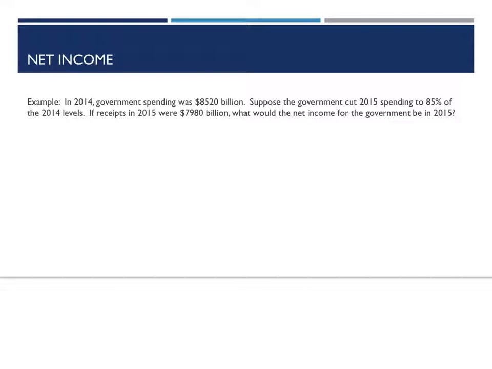The problems that we actually look at, though, are exactly like we did with Busy Bee and Dancing Dan's. The numbers are just bigger. So if I want to talk about the government debt, finding the net income is the same formula. The net income is receipts minus outlays, and the problems are stated in a similar way. We want to find the net income for 2015. The receipts for 2015 were $79.80 billion.